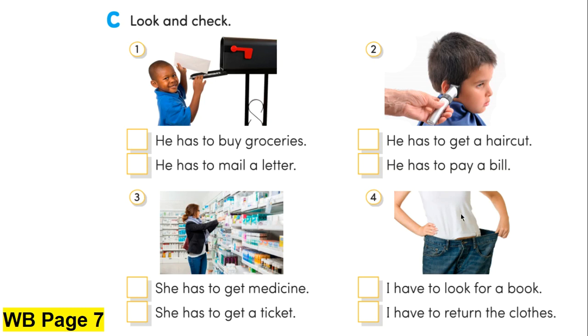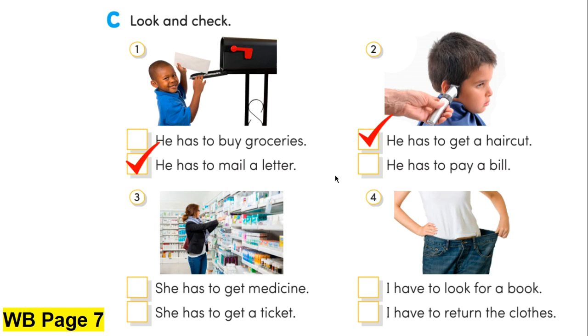Now look and check. Number 1, he has to buy groceries. He has to mail a letter. Yes, the second sentence, very good. Now number 2, the first sentence or the second sentence.